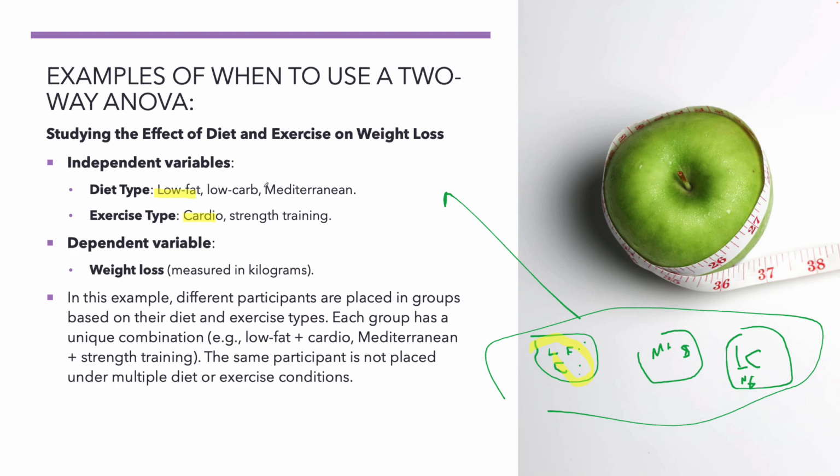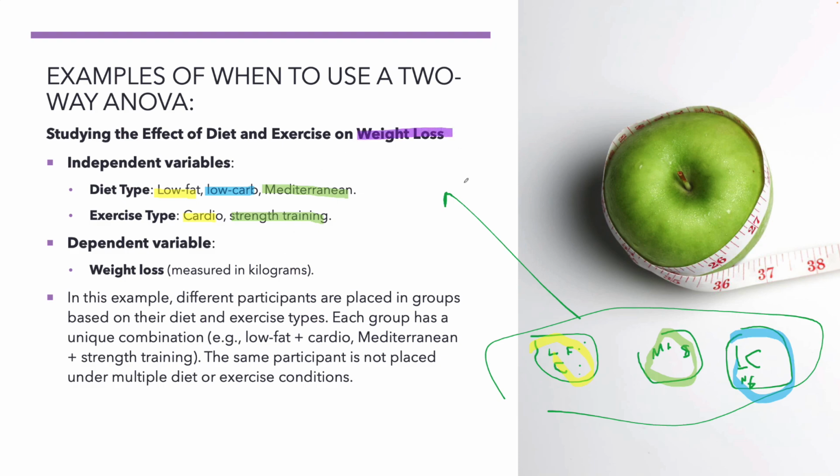I do Mediterranean and strength. And that's this group right here, right? Mediterranean and strength. And then I do a third group, which we will do, let's do light blue, low carb and no exercise, right? So that would be this group right here. 3 groups, 3 different combinations of independent variables. And I'm going to see which one of these has the greatest impact on, let's do purple, on weight loss.